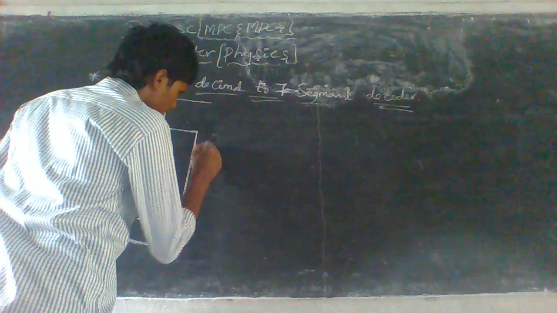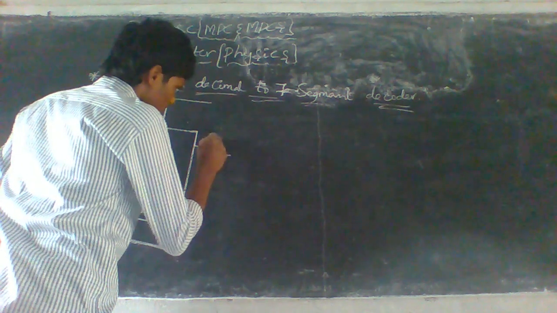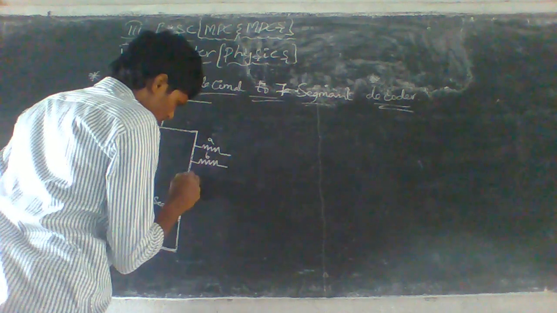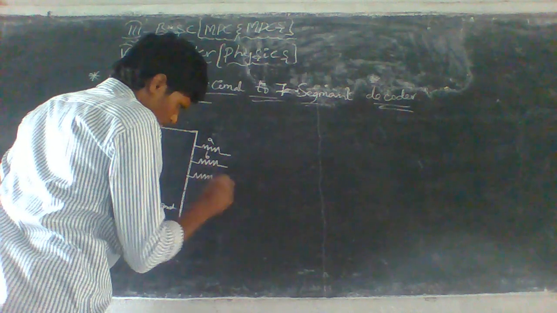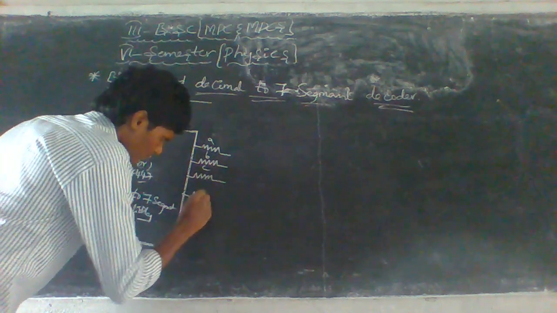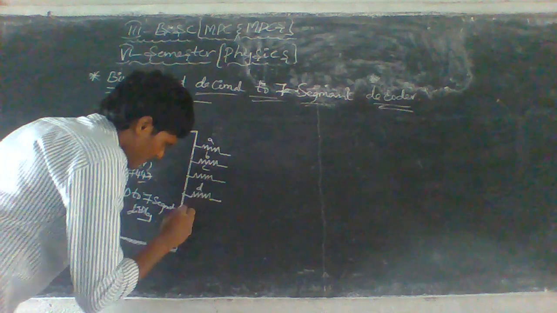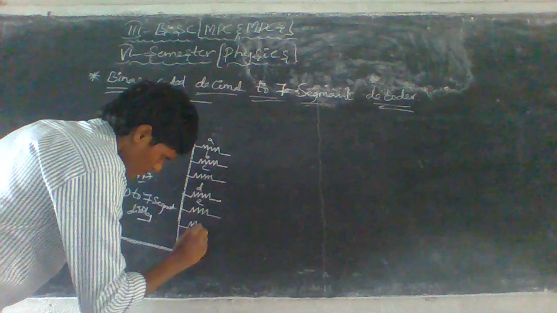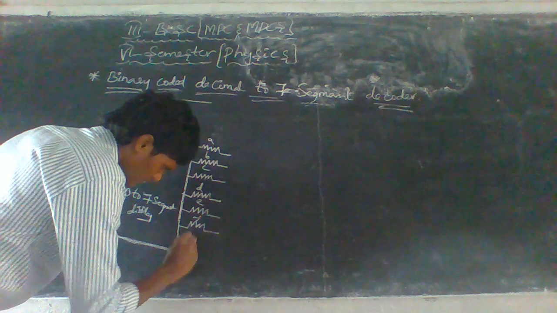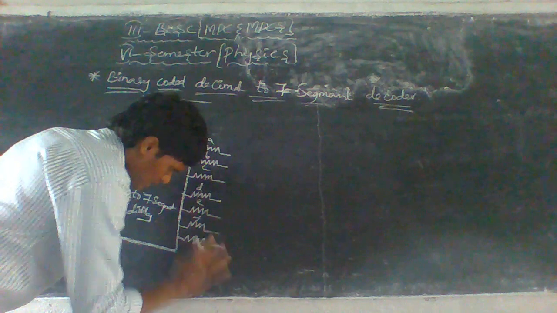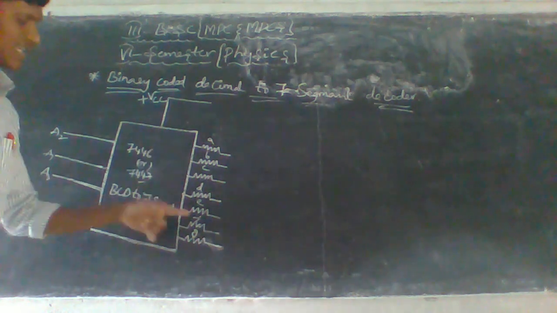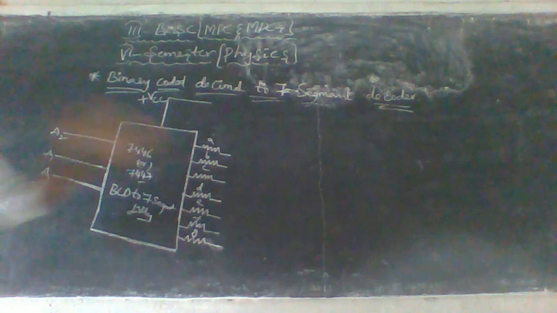Okay, so it has 7 output lines, that is A, B, C, D, E, F and G. A, B, C, D, E, F, G. Okay, and 7 output lines.